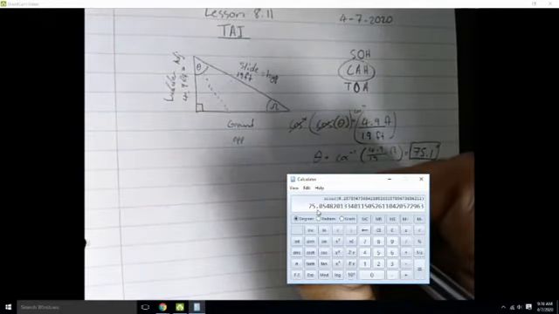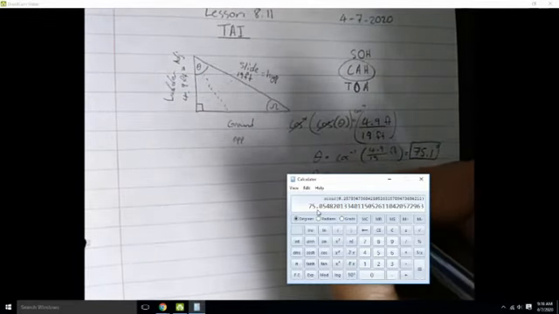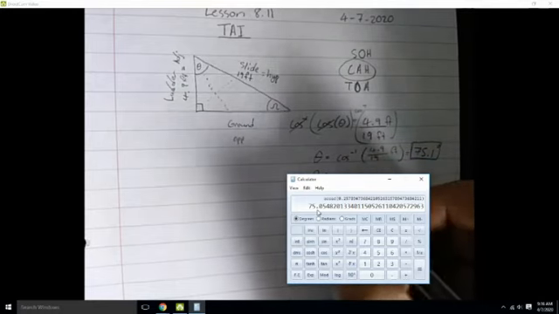Now, there are several different ways you can find the next one, but I like to do the easiest method. The easiest method would be taking 90 and subtracting 75.1. The reason we're subtracting 75.1 from 90 is because the angles in a triangle add up to 180.